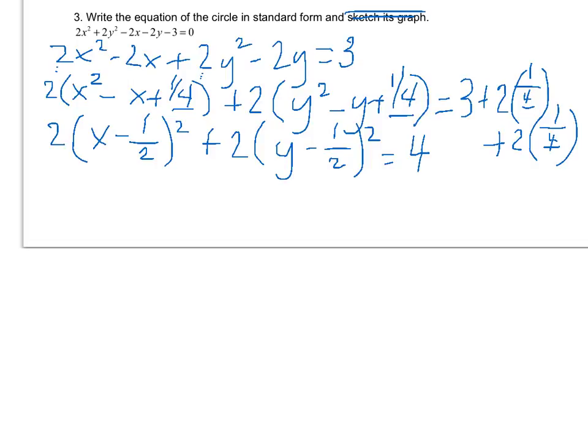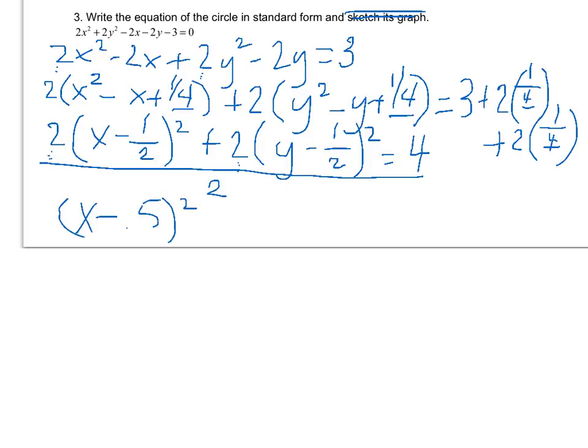And then to be in standard form, these 2's that I am dotting cannot be there, so we're going to divide those out, which leaves you with your final answer of x minus 0.5, quantity squared, plus y minus 0.5, quantity squared, equals 2. And you have just finished that problem.